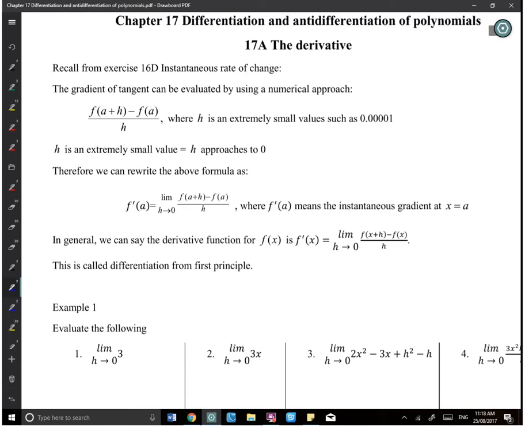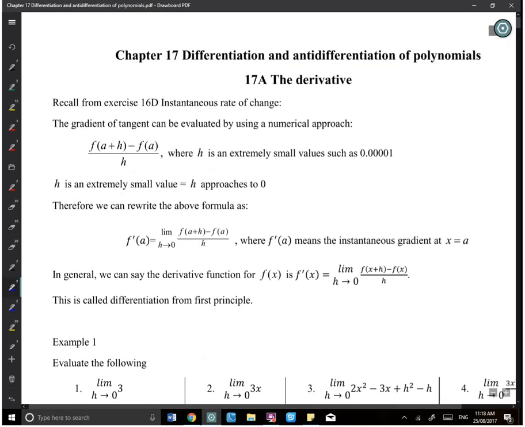I substitute into the function, find the difference between the y values and divide by 0.00001, and that's how we find the derivative, approximately. Number 2 is that at that point we draw a roughly correct tangent line, and then we use that point on the graph and another point on the tangent line which is easy to read, and find the gradient of that tangent line. And number 3 is what we're going to learn today.